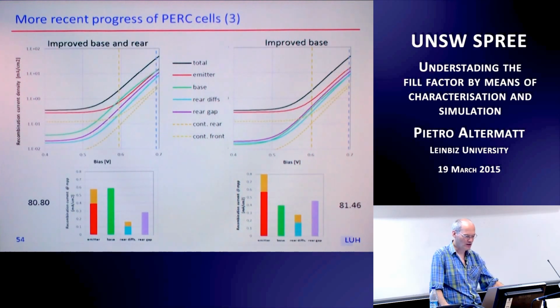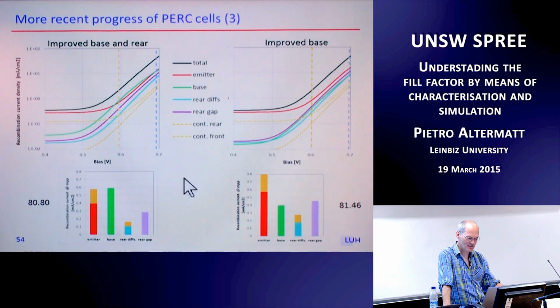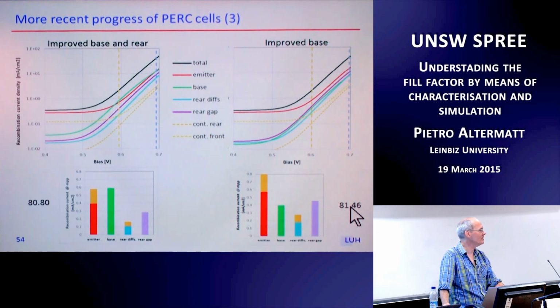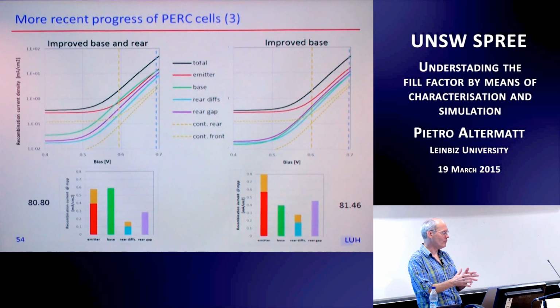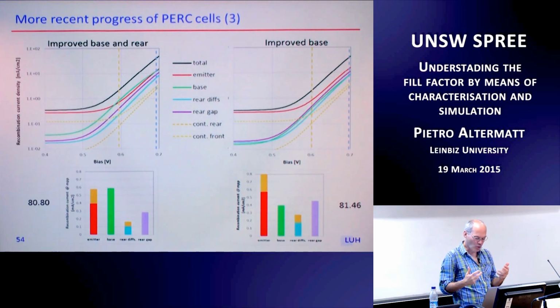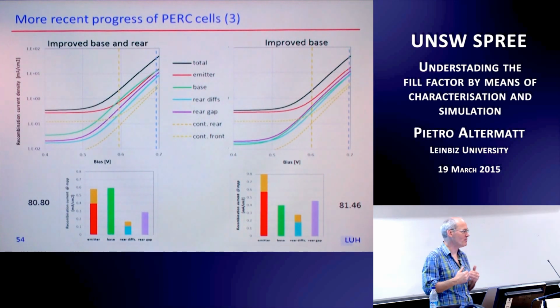So what you can do, instead of just improving the rear and the base, like that's the same example as the previous slide, you improve the base again. And now the emitter dominates again. And because the emitter behaves quite nicely, goes up in a straight line, then you get the real improvement in your fill factor. So that cell got rid of all these kind of, not all, but most of the influences from the base and the rear.